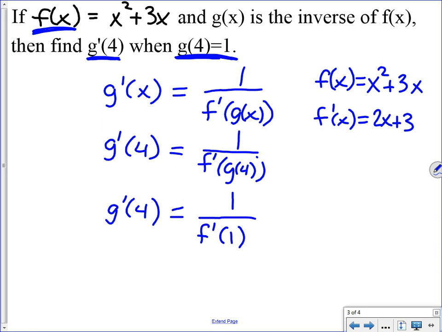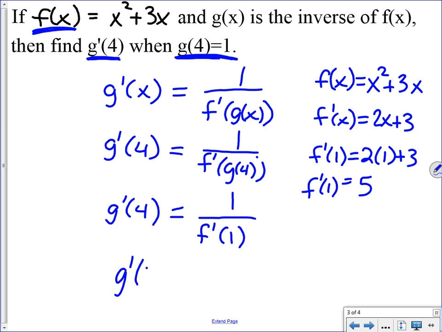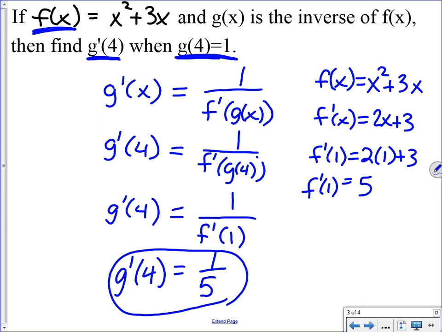And then I want f prime of 1, so I'm just going to plug in a 1 for x. So I get 2 times 1 plus 3, which equals 5. And so then I can replace f prime of 1 with 5, and then g prime of 4 ends up equaling 1/5. And that's the final answer I'm looking for.